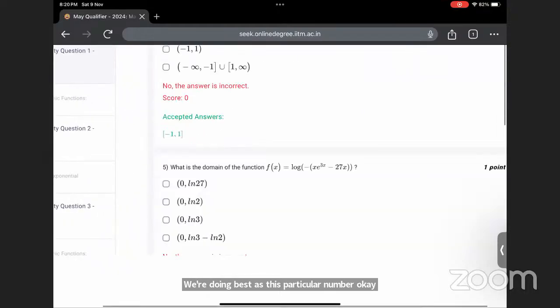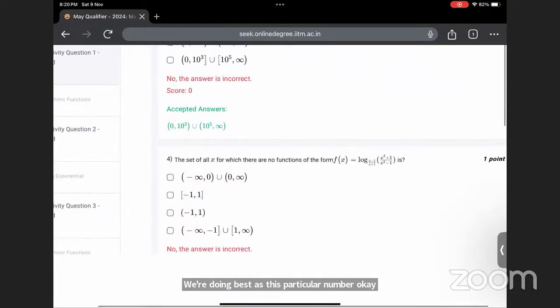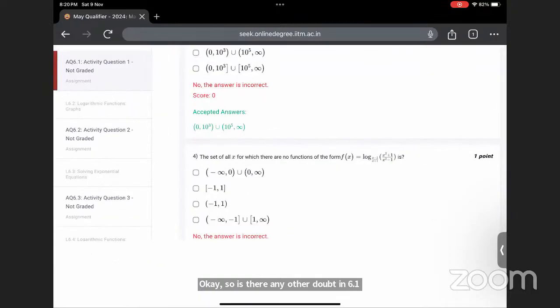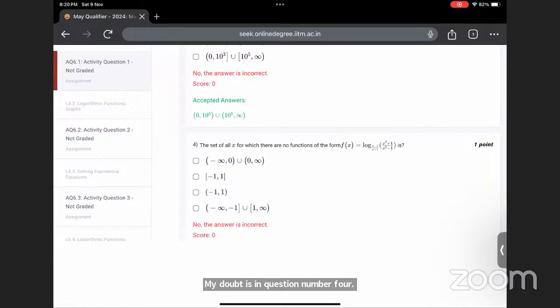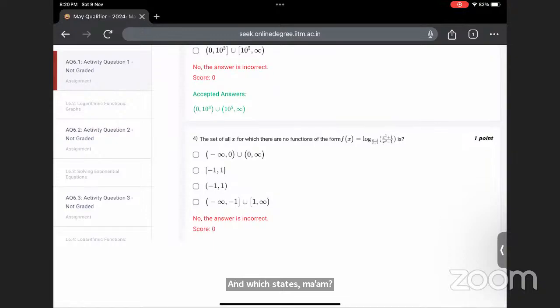Is there any other doubt in 6.1? Ma'am, my doubt is in question number 4, which states there should be no function of this log. Why?